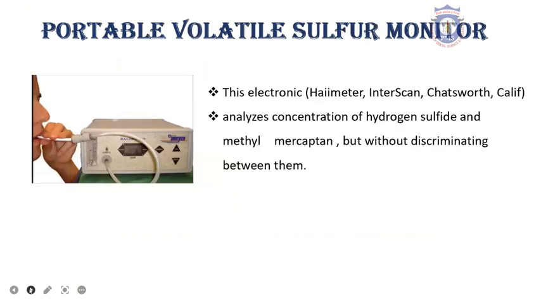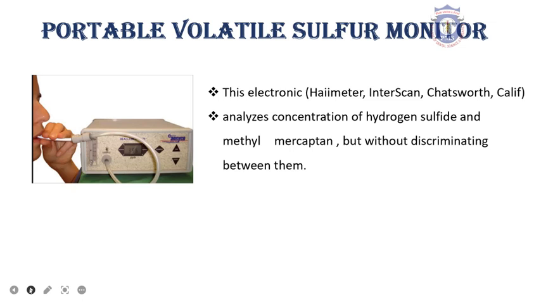And the other method is the portable volatile sulfur monitor. As I said, one of the main causes for the development of halitosis is the presence of volatile sulfur compounds. So what is a portable volatile sulfur monitor?